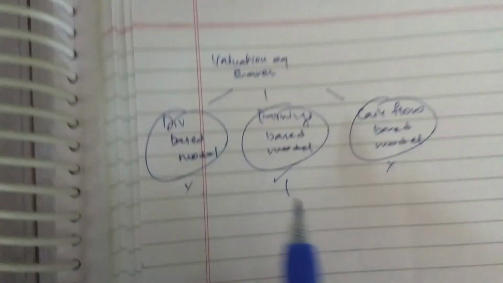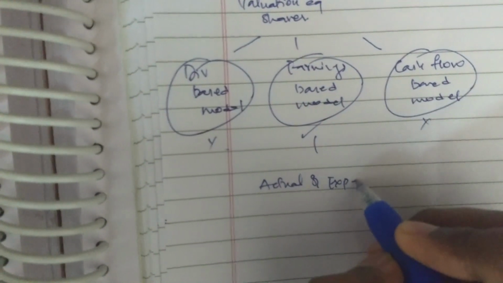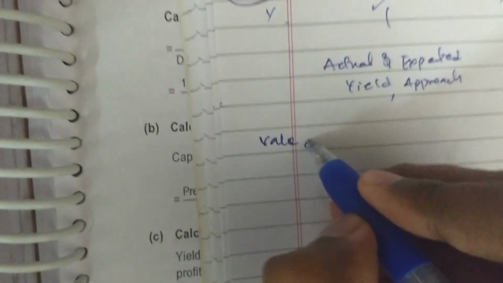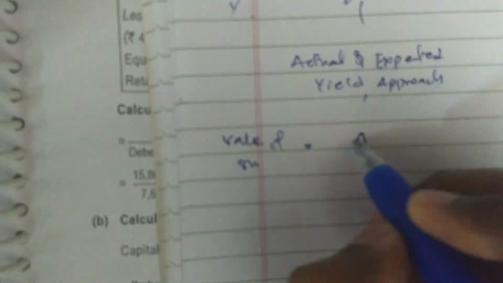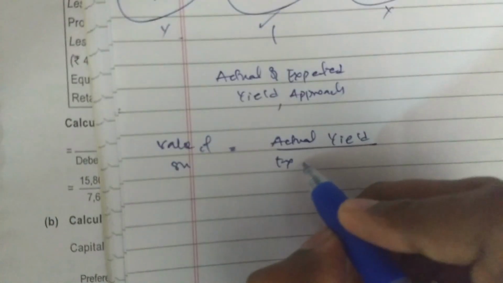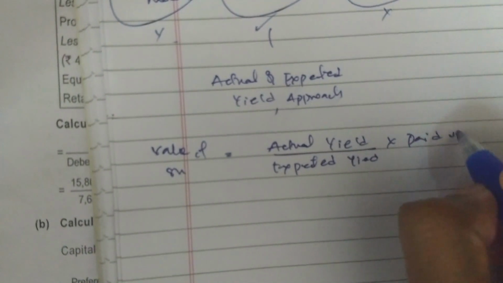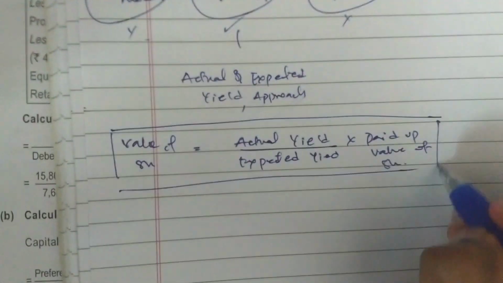Under the earnings, we have the actual and expected yield approach, where under this approach the value of a share is actual yield divided by expected yield into paid up value of share. This is the formula through which we can get the answer of this question.